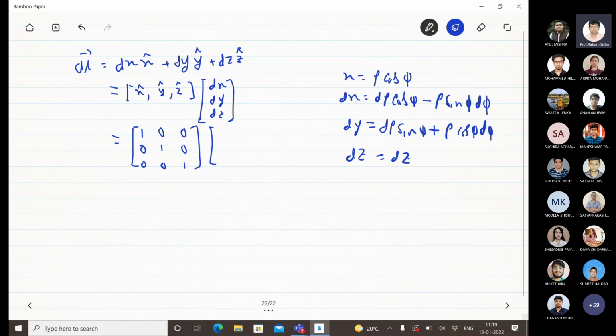Okay, so let's write it here in matrix form. The vector is d rho, d phi, and dz. So what should be my first row?